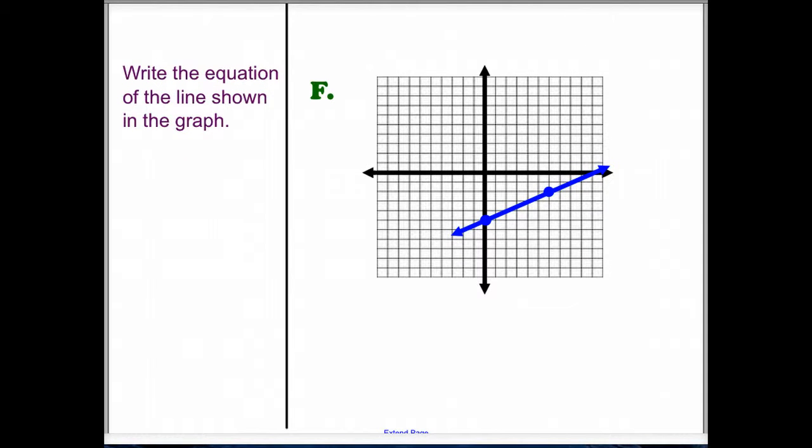The first step we took in this problem is to figure out where it crosses the y-axis. So we want to find our y-intercept, or b. It crosses the y-axis at -1, 2, 3, 4, 5. So our b is going to be equal to -5.